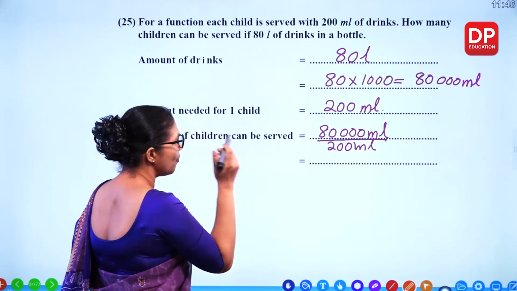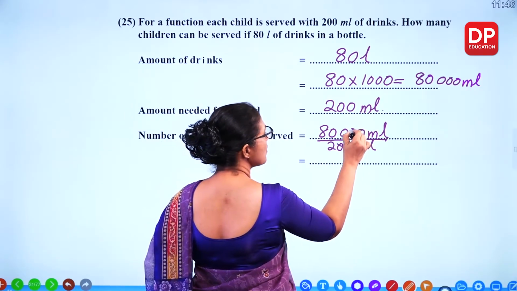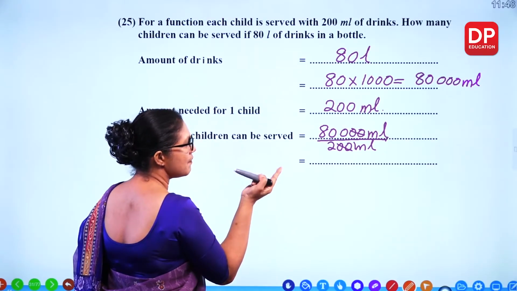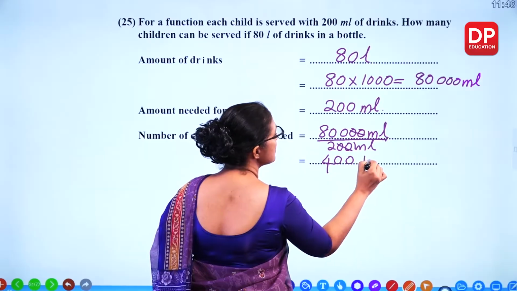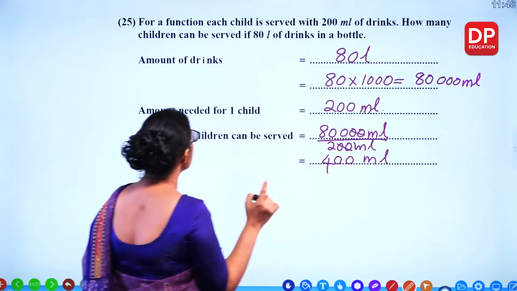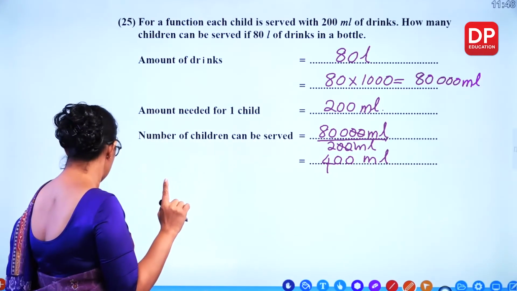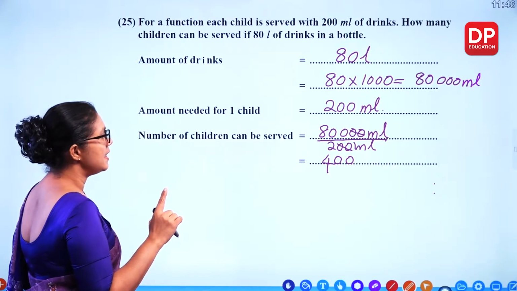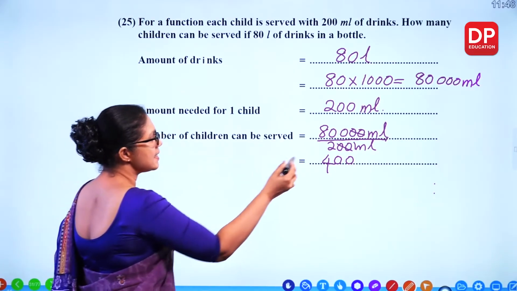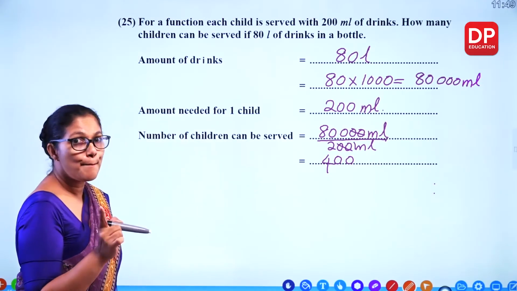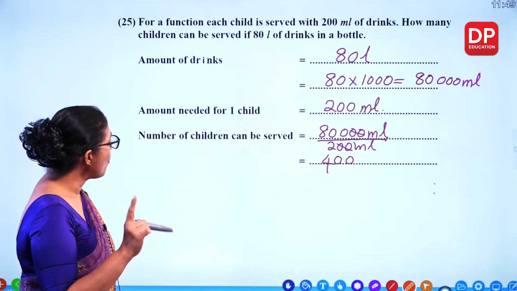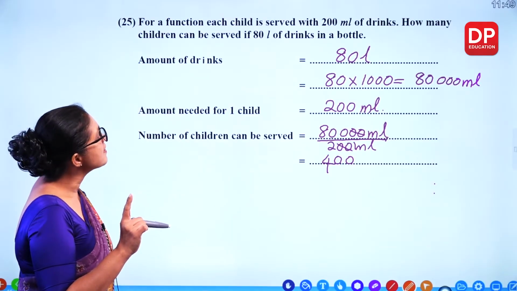Now what we can do, we can cross out the zeros. 800 divided by 2. 400. Milliliters and milliliters get cancelled out and this is just a number. So that means 400 children can be served with 80 liters of drinks.